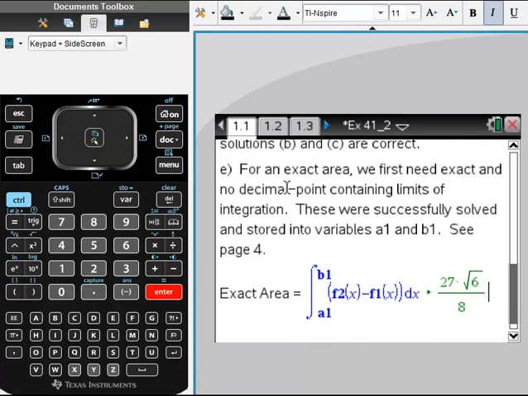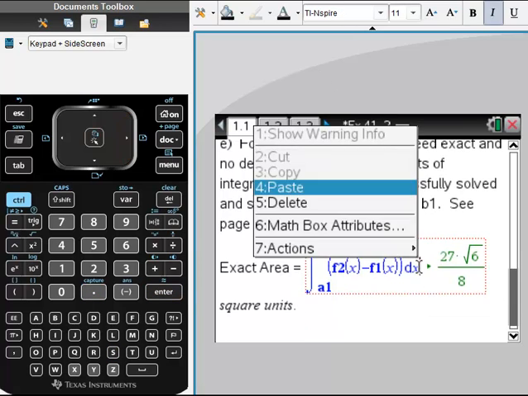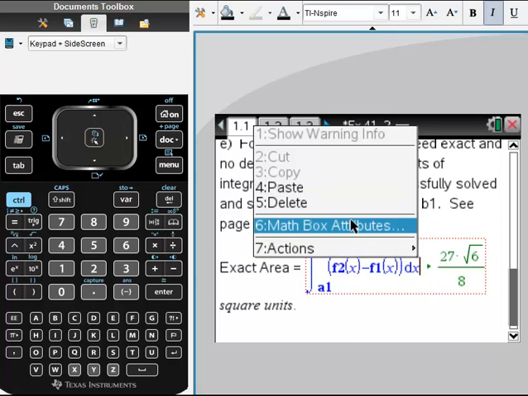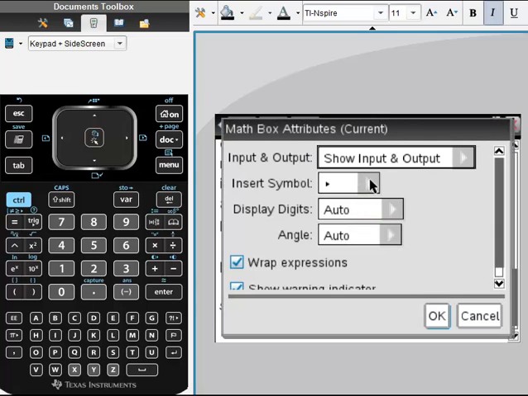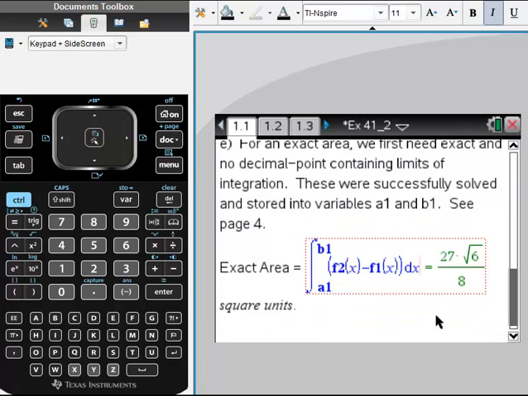Okay, nice. We did get an exact area from this. Let me attach the square units, and let me get the properties of this box so that that little symbol there is an equals to. Okay, great.